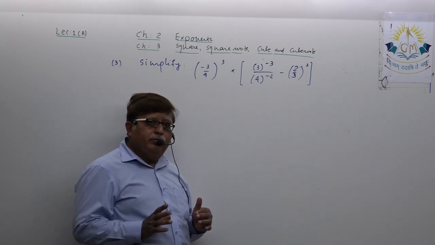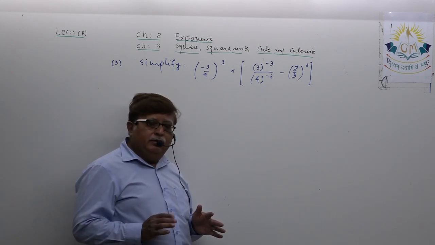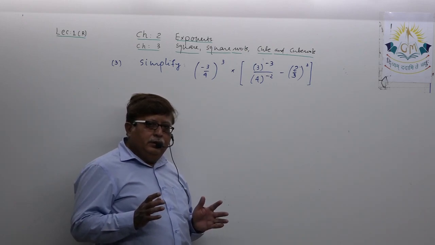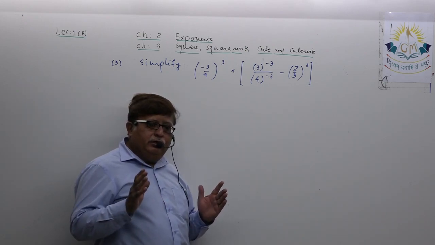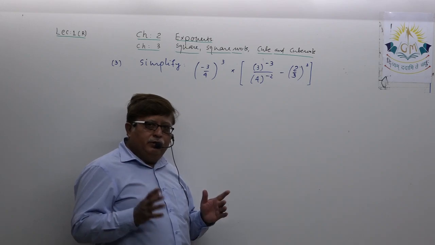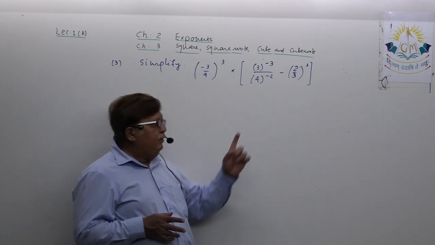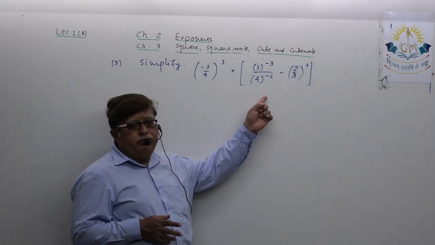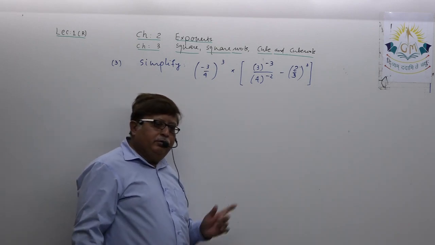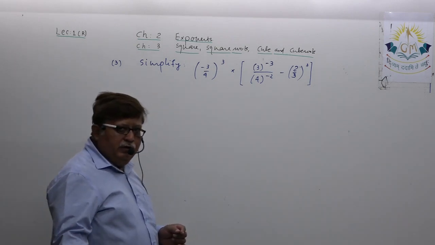This needs to be kept in your mind: somehow you need to solve the terms given in the square bracket. Until you solve this, you are not able to complete this example.